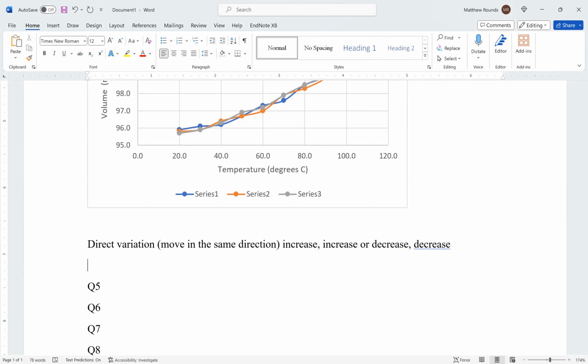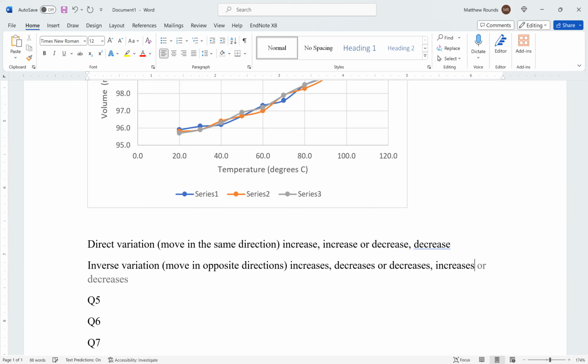An example of that is as one thing increases, you want more of another. And then inverse variation is that they move in opposite directions. So as one thing increases, the other decreases, or as one thing decreases, the other increases. That's opposite direction.